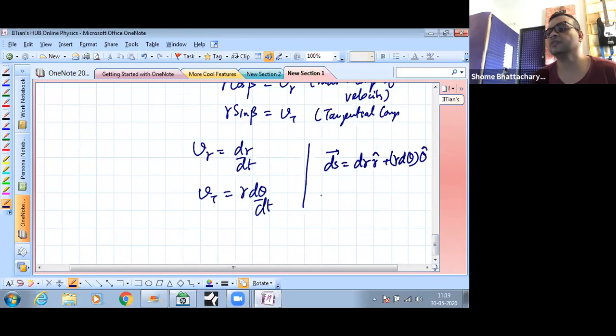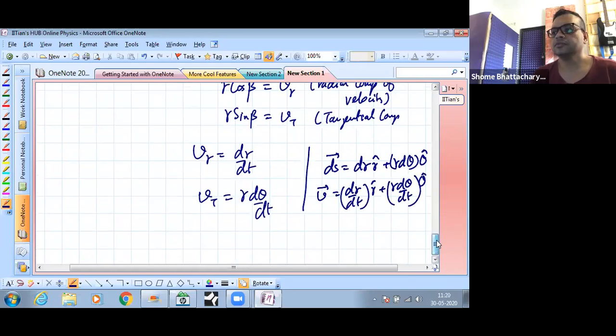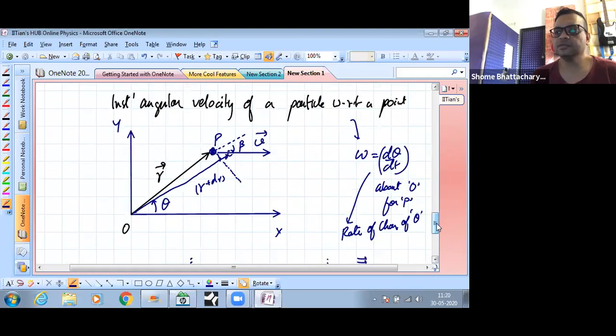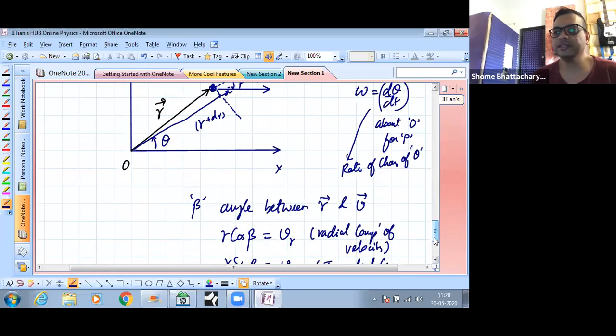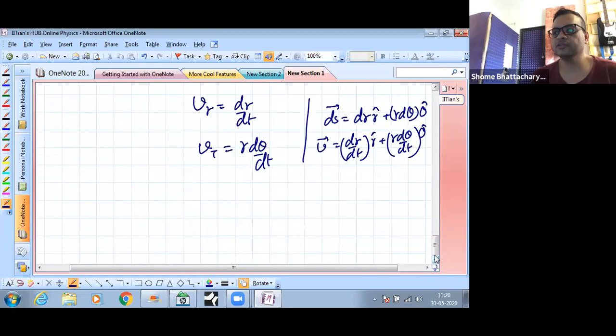So velocity will become dr by dt r cap plus r d theta by dt theta cap. In fact, this is one of the things I will be discussing more today: the polar coordinate system and how to write various quantities, including the gradient vector and all that. But for the moment, this is enough.